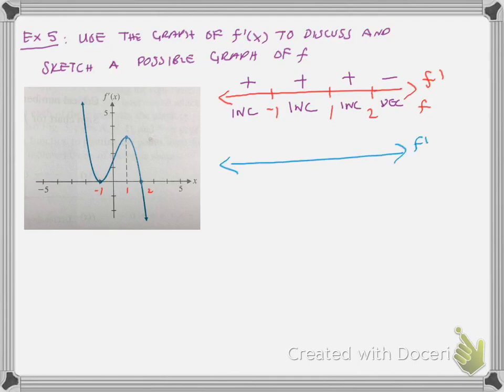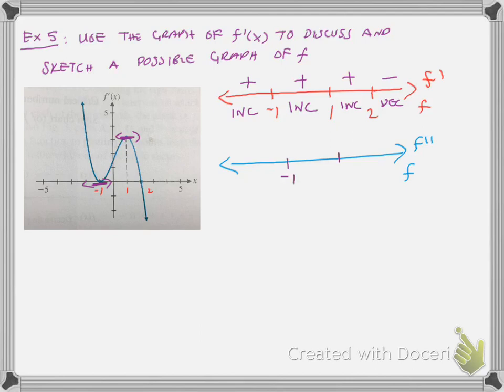So what about f double prime? Although we're not given information about f double prime, we can glean that because we have the graph of f prime. If we look at the tangent lines of f prime, that'll give us the slope of f prime. The slope of the tangent lines of f prime is f double prime, right? That's the derivative. So that tells us this: at -1 and 1, we have horizontal tangent lines, which means f double prime is 0.